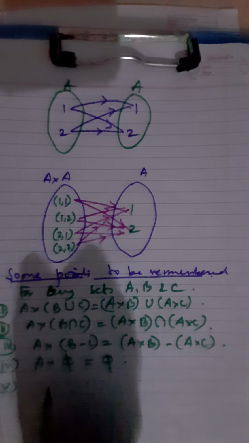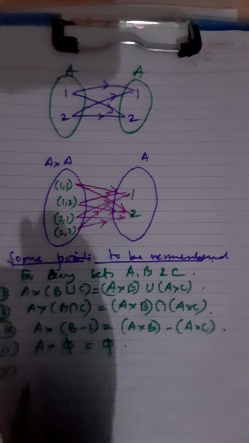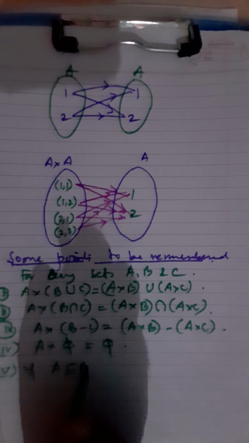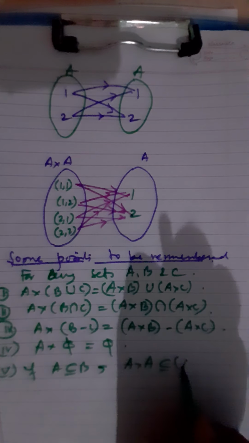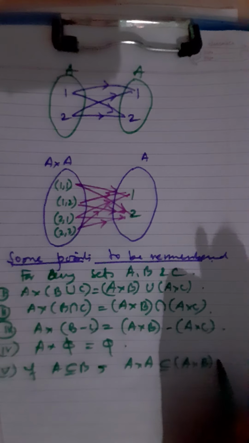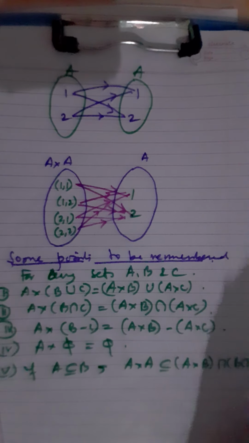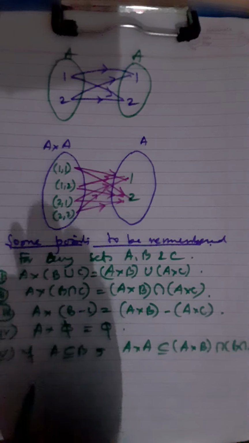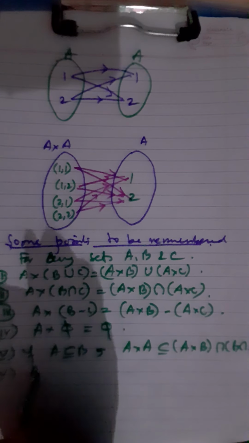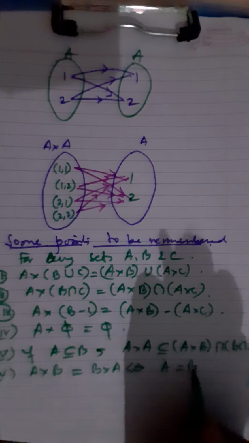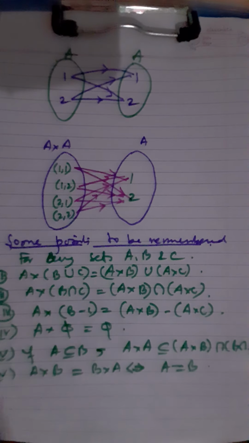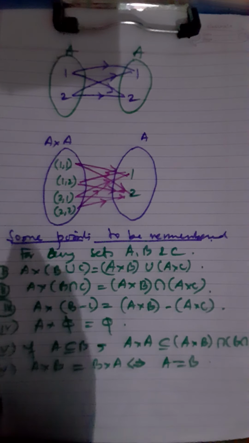Number 5: if A is a subset of B, then A cross A is a subset of (A cross B) intersection (B cross A). Then number 6: A cross B is equal to B cross A if and only if A is equal to B. In general, we are not getting A cross B equal to B cross A, but if you get A cross B equal to B cross A, then A is equal to B. Okay.